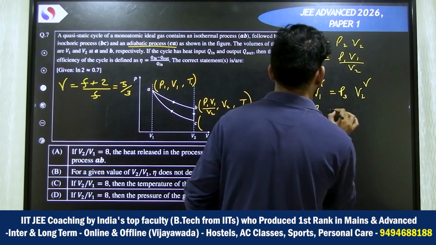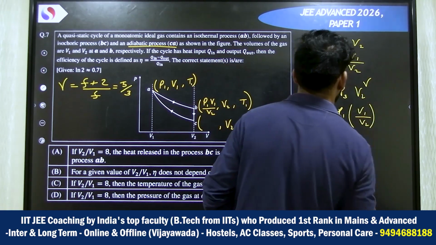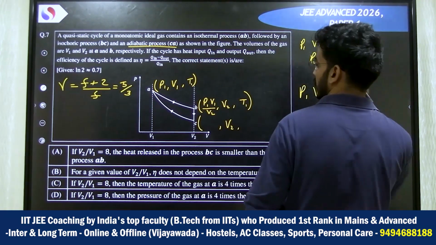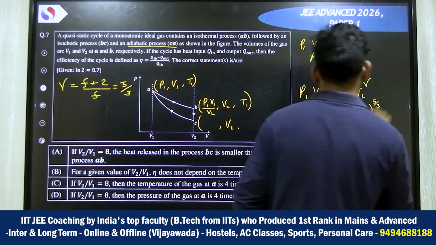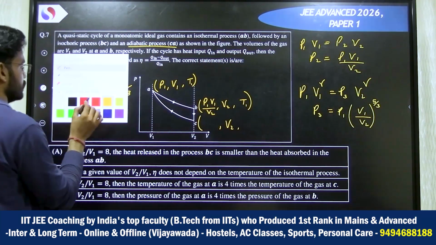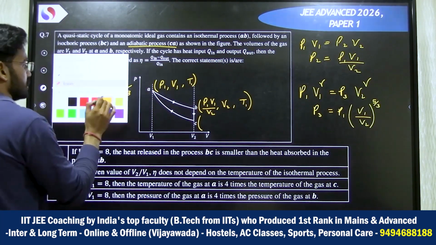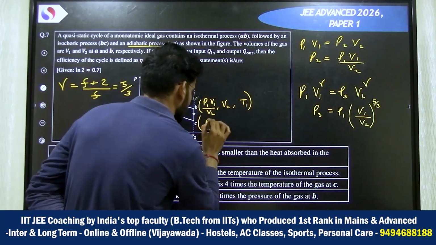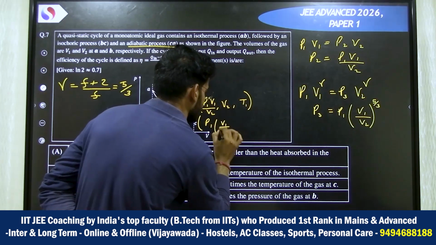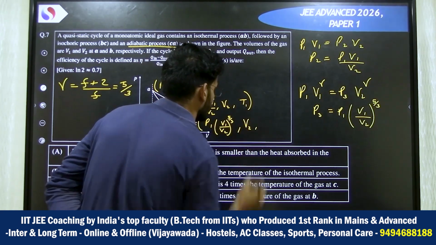So P3 is P1 into V1 by V2 to the power gamma, gamma is 5 by 3. That's your P3. Let's put the value: P1 into V1 by V2 to the power 5 by 3, comma V2, and temperature.